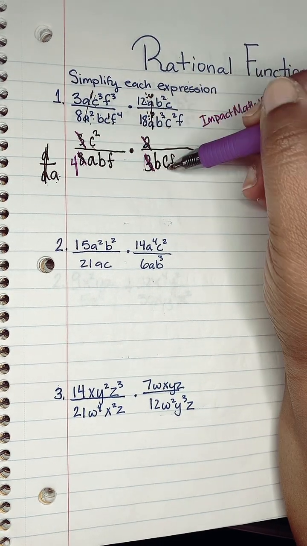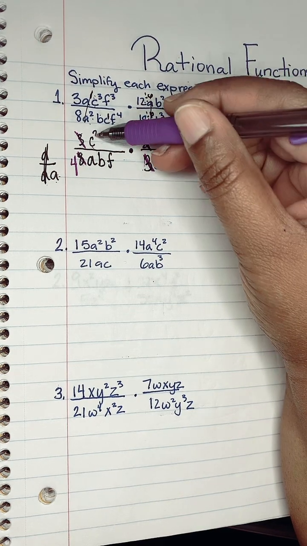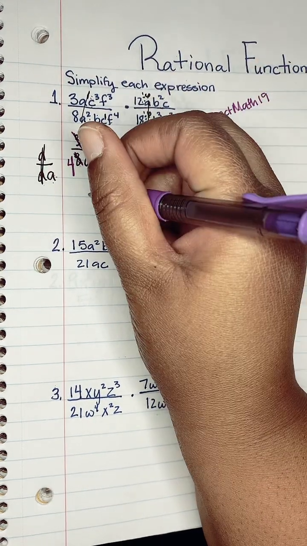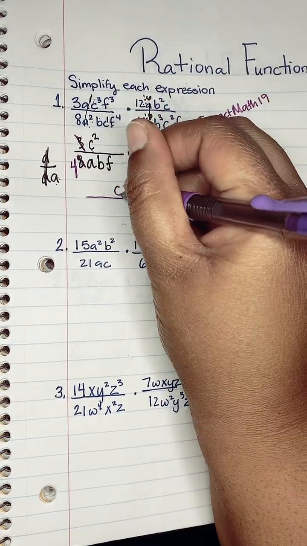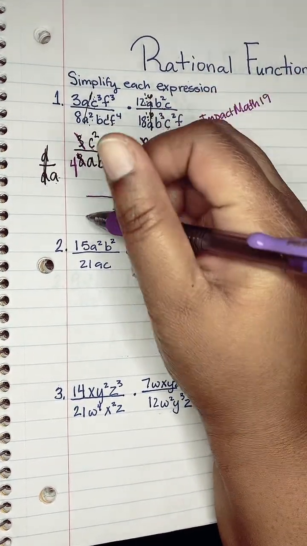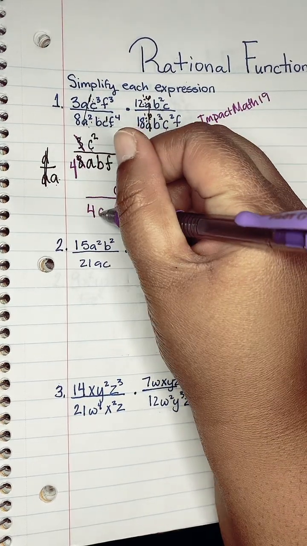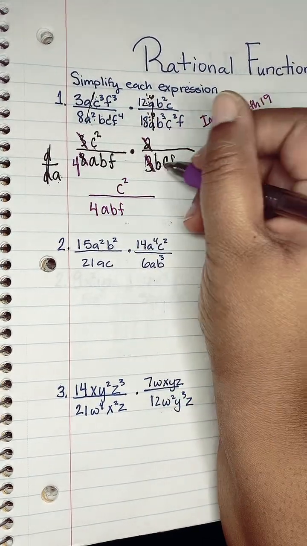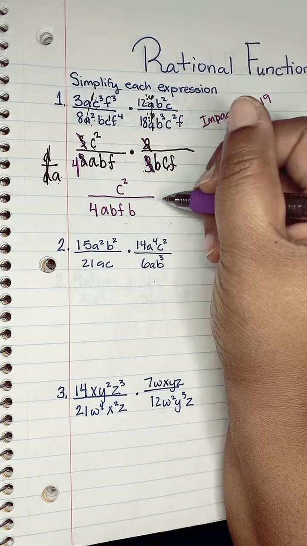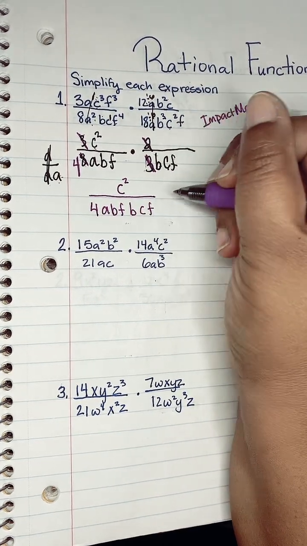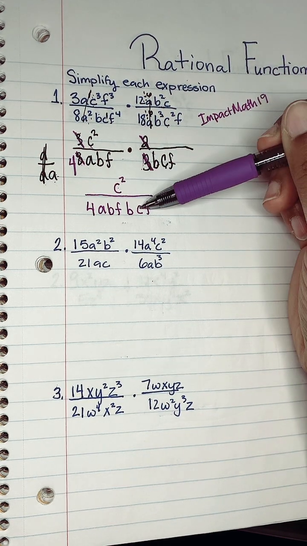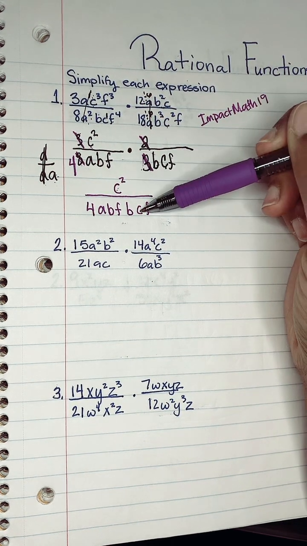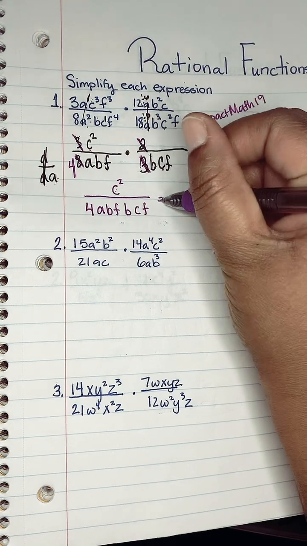All right, so now we have C squared and a C. So let's rewrite this. All we have on top is C squared. On the bottom, we have a 4, we have an A, B, F, and we also have a B, C, F. Now, look, we have a C squared on top and a C on the bottom.